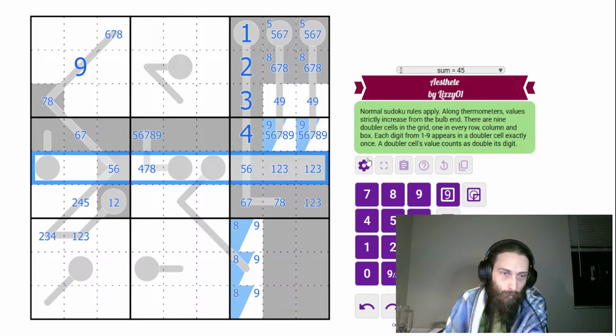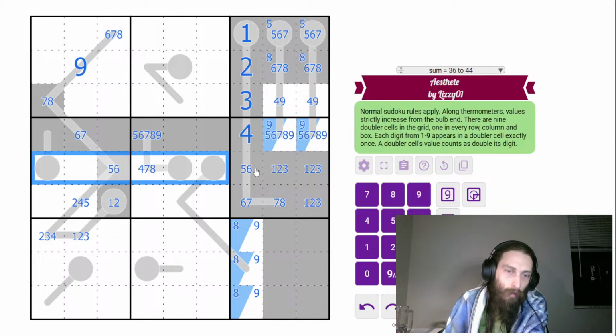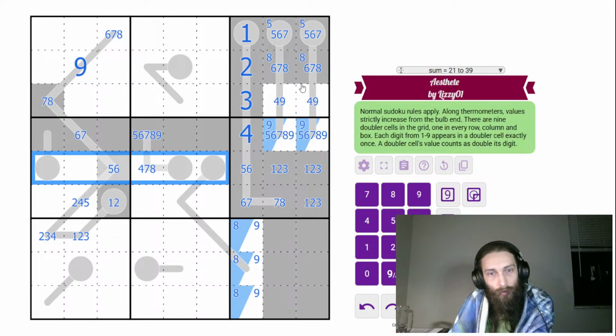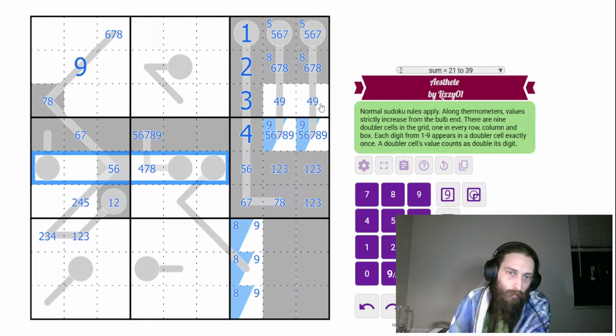So what did we mess up with the consideration for a 9 in row 2? Or excuse me, row 5? Because we know it can't go here, because the doubled 4 makes 8.